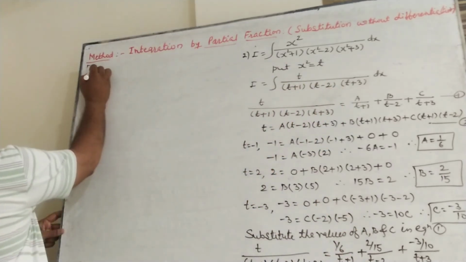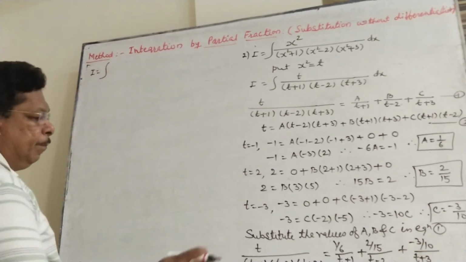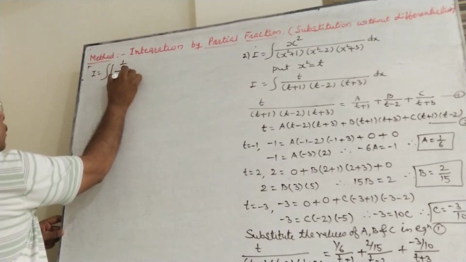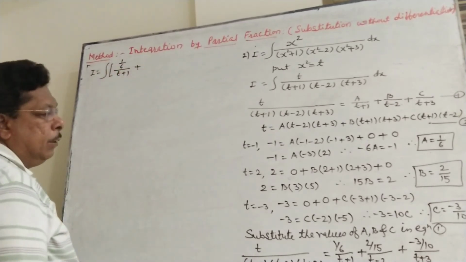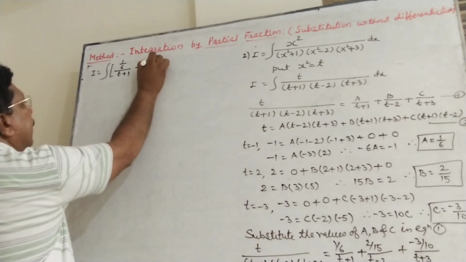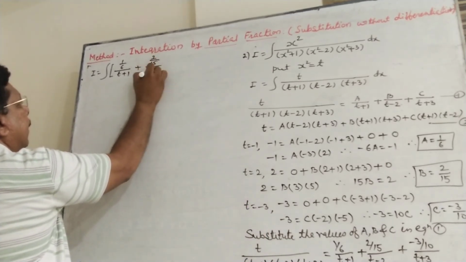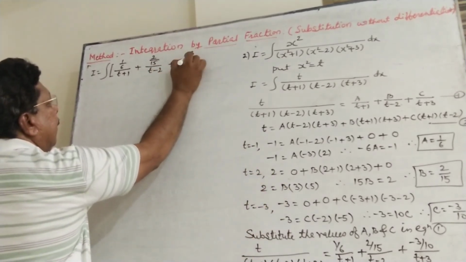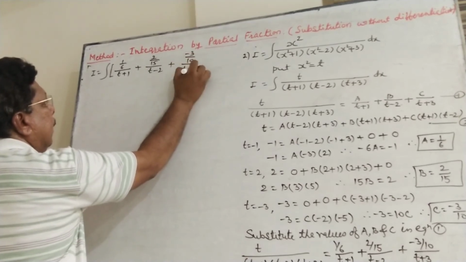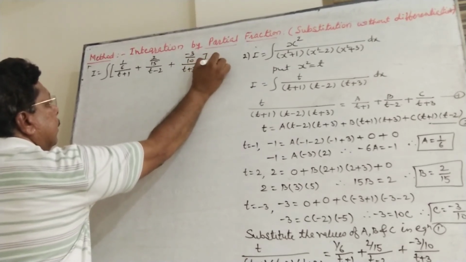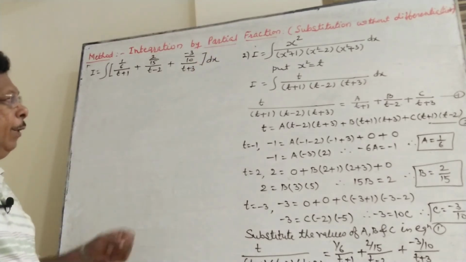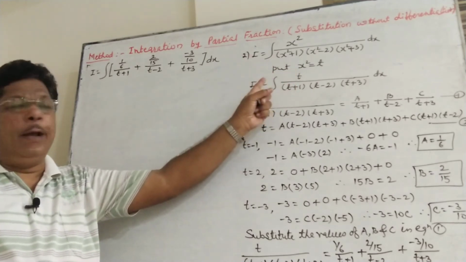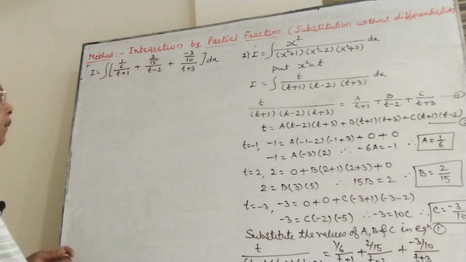Integral I is equal to integration of 1 upon 6 into t plus 1, plus 2 upon 15 into t minus 2, plus c, which is minus 3 upon 10 into t plus 3, into dx, not dt. Now here we have to substitute t equal to x square. Before taking the integration, we have to substitute the value of t and then take the integration.